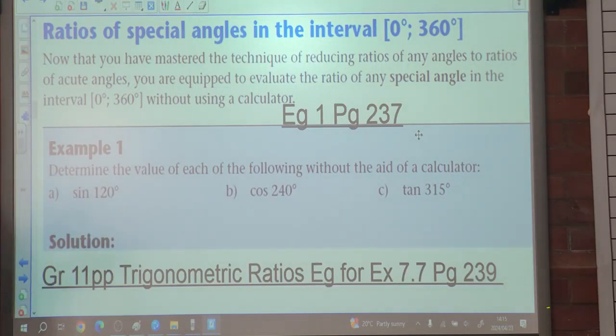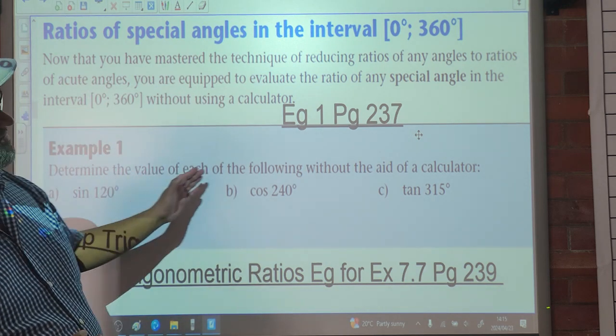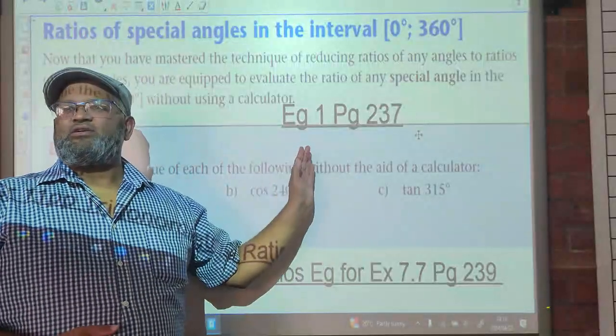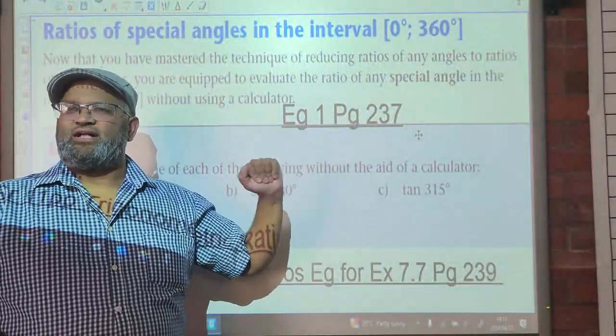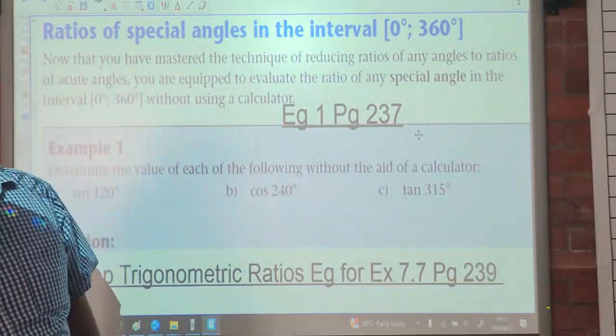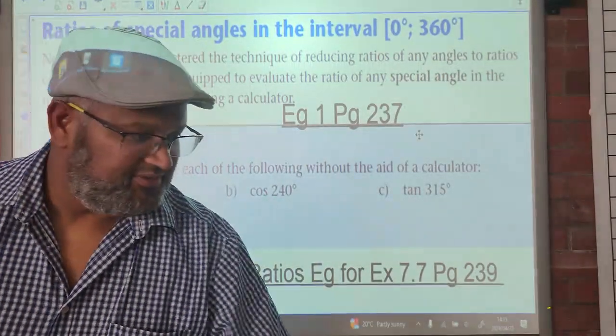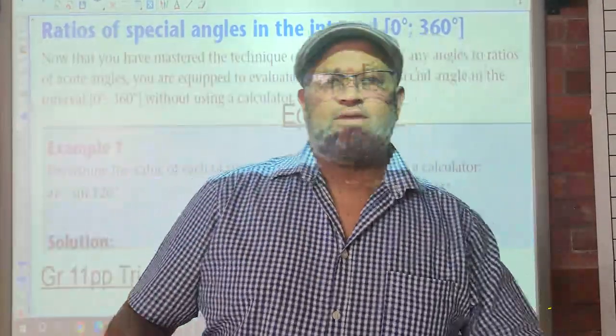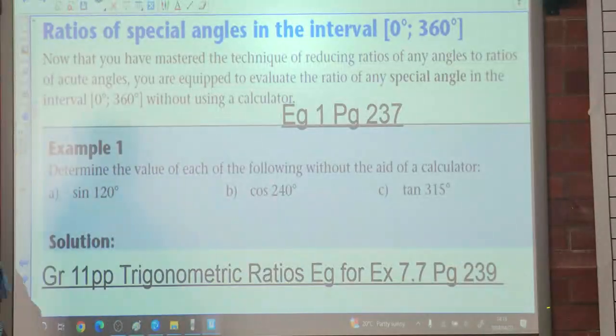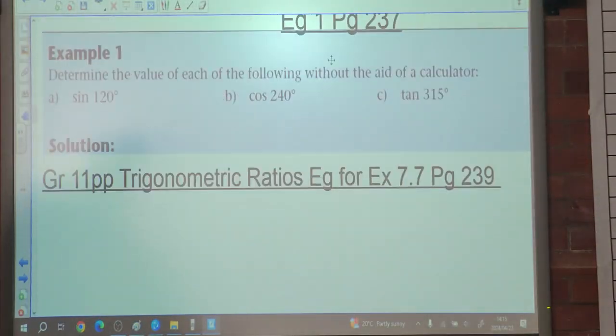All trigonometric ratios deal with special angles. So if it says without the use of a calculator, try your best, as far as possible, not to use one. Then when you write that exam at the university, you know exactly what to do.